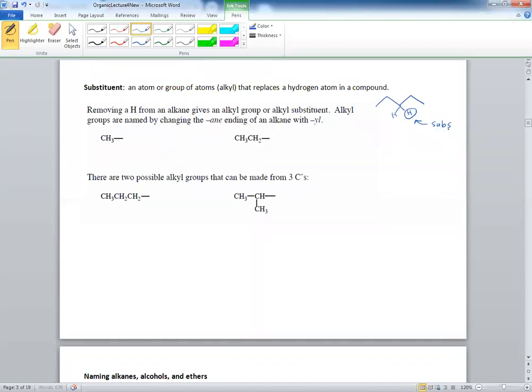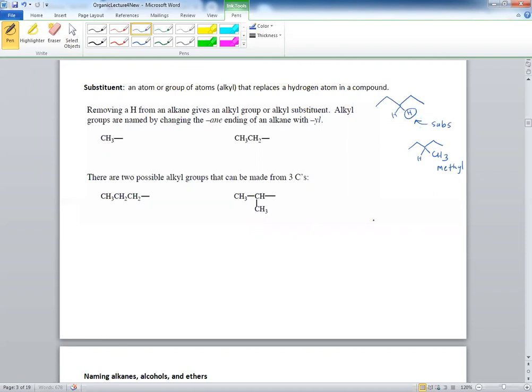And we usually use the shorthand of SUBS. So for example, I can replace this with a CH3. So now this is what we call a methyl substituent.